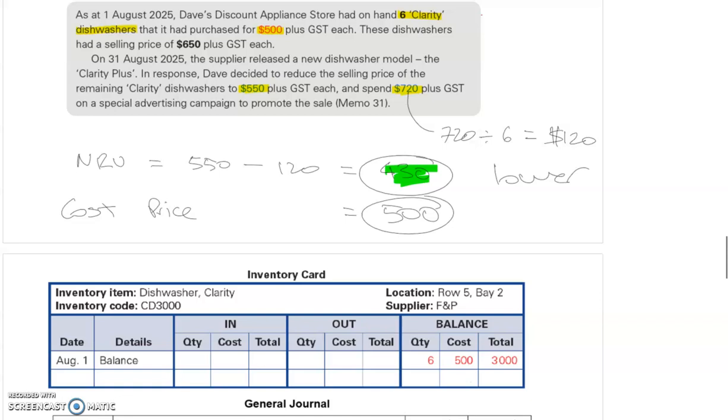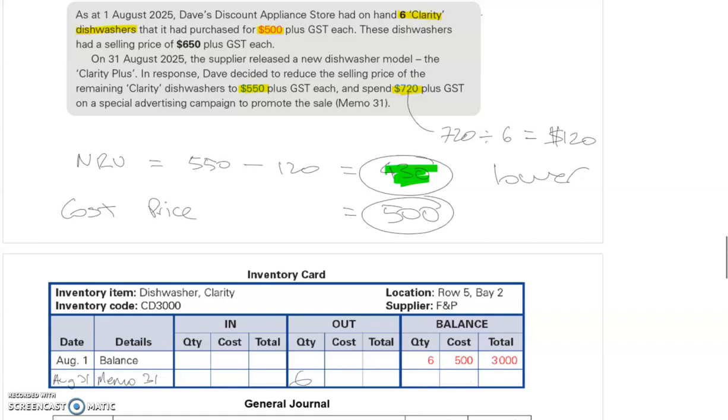So that's not going to change, but we record the transaction in the out column to decrease the value. So let's put the date in of the transaction, August 31. The source document is memo 31. Even though we don't have them physically leaving, we have some value leaving.